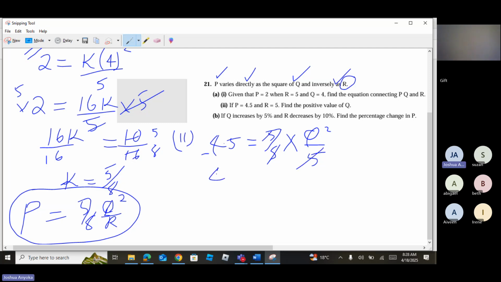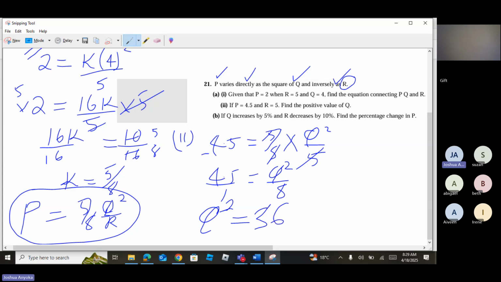So you remain with 4.5 is equal to Q squared over 8. Cross multiply. Q squared is equal to 4.5 times 8, which is 36.